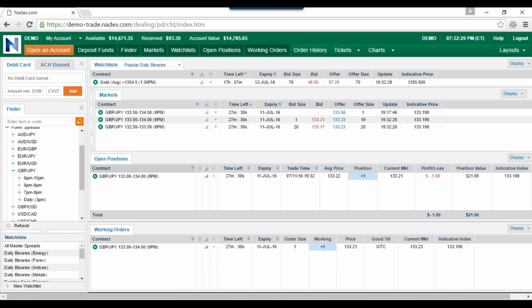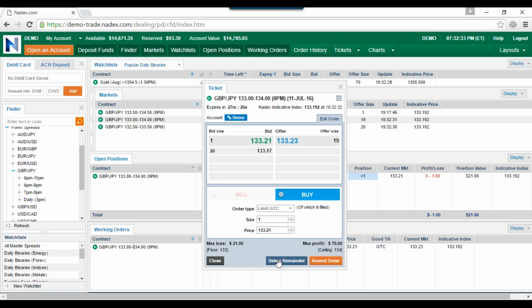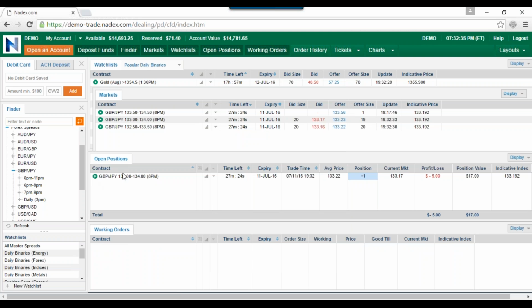So it's right here in my open positions, right? See it, +1. I bought this spread. Well, what can I sell this spread for right now? 133.14. Whatever is listed right here, that's the price I can sell it for immediately.